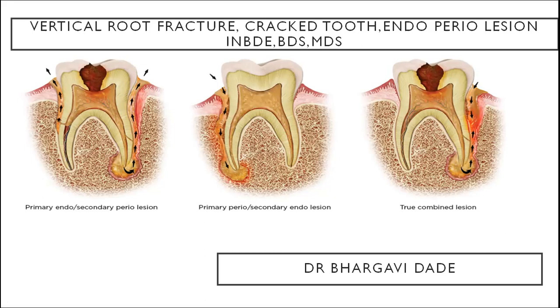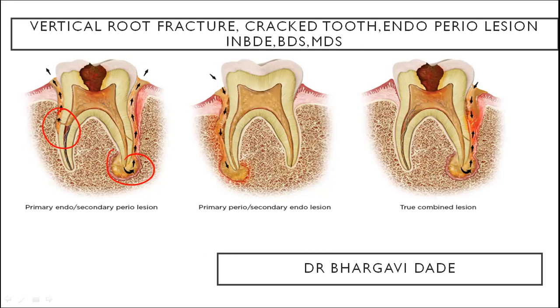Then because of that, there is a periapical cyst, which is causing some damage to the surrounding periodontal ligament. You can see this and this. So it's primarily endo, secondary perio.